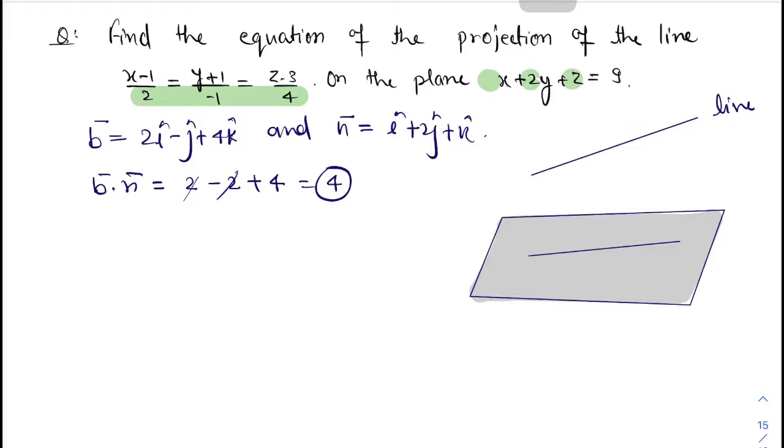Okay, so how can we determine this projection? The projection is also a line, so we have to write the equation of a line. There are many methods.